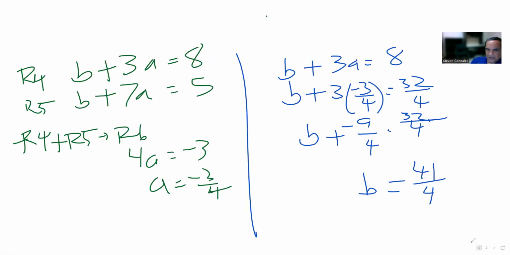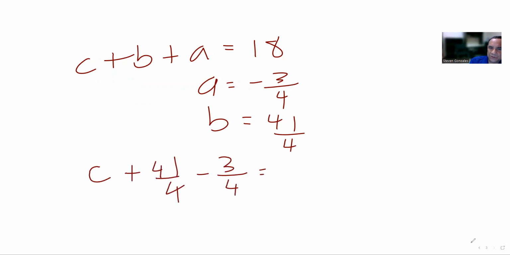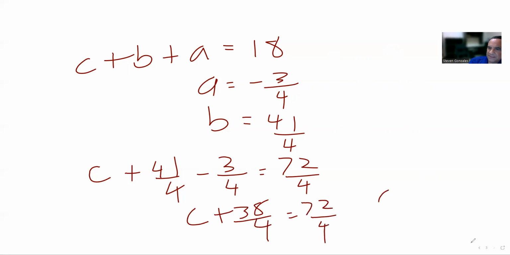See, I have to keep going back and checking. Yeah. And B is 41/4. So C plus 41/4 minus 3/4 equals 72/4. So that's going to be C plus 38/4. I'm not going to worry about reducing it. C is going to be 34/4, which reduces to 17/2.